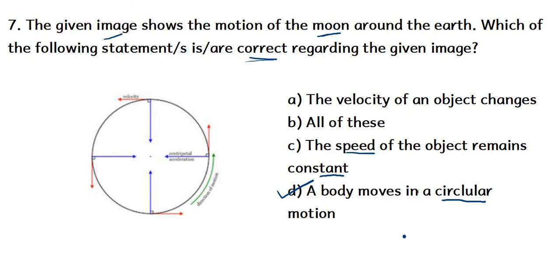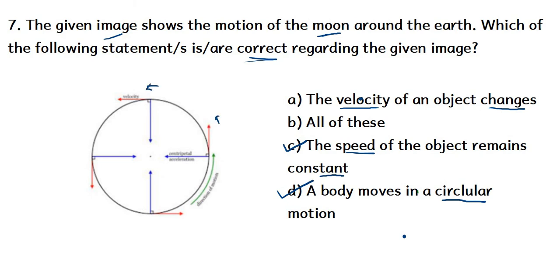A planet has a fixed speed by which it revolves around the sun. Now the third statement is: the velocity of an object changes. Let us observe this statement. When an object moves in a circular motion, at each point the direction of motion changes.